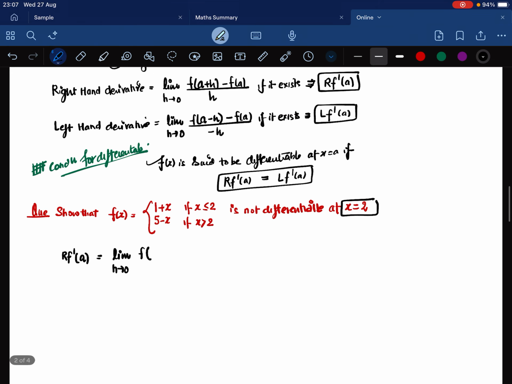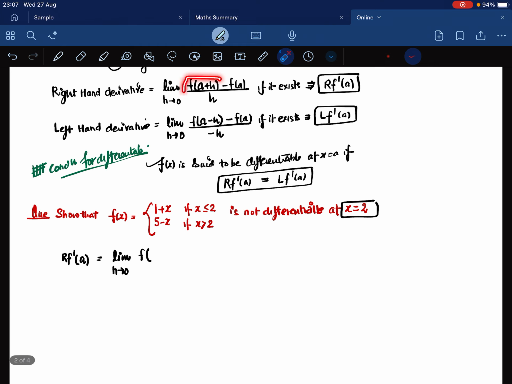The right hand derivative is limit h tends to 0 of f(2+h) minus f(2), divided by h, since a equals 2.